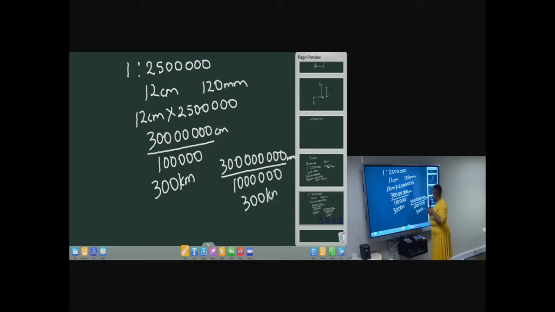What I wanted you to understand is that irrespective of whether you use millimeters or centimeters, it doesn't matter, because what needs to be done is to represent your answer according to what the question asked.